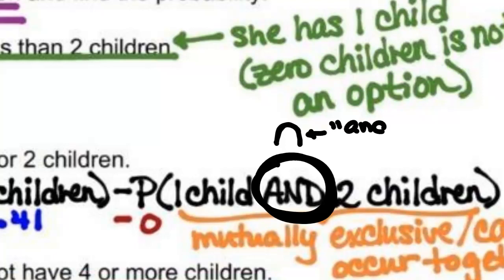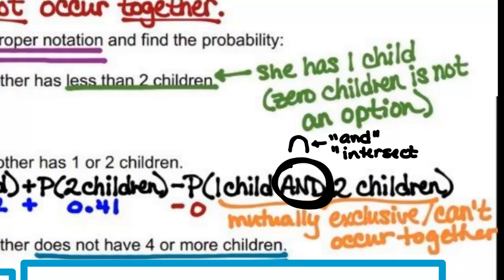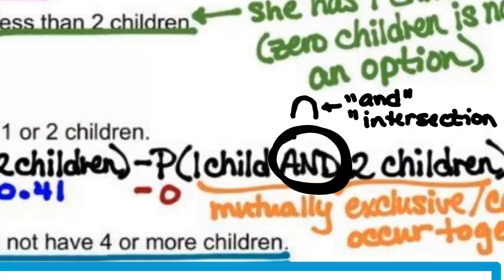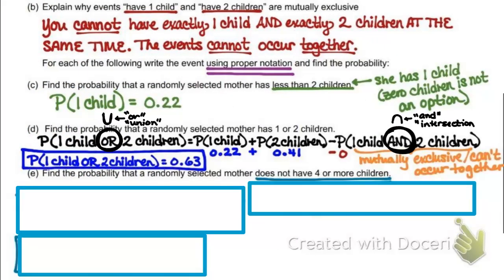This is and, or it also gets referred to as an intersection. Those are really commonly used notations. Can you write the word or? Yes, you're going to take up less paper if you use the union symbol. You also need to be familiar to be able to recognize them. If you see probability notation written with a union or an intersection, you need to know what that means.